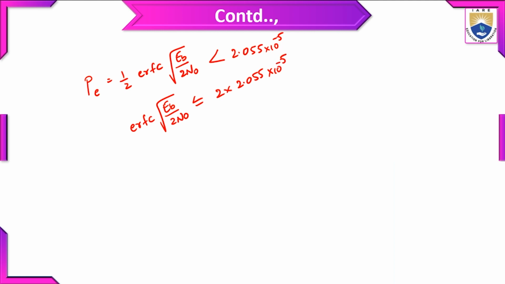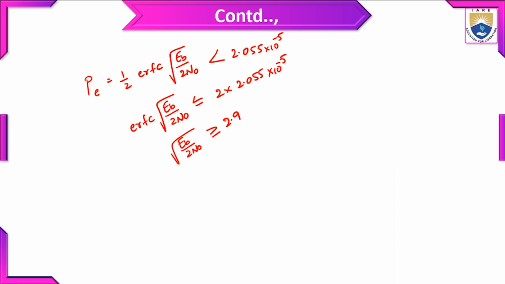On the left hand side we have 1 by 2, so I am sending this 1 by 2 to the right hand side. It becomes 2 into 2.055 into 10 power minus 5. Again we are sending this erfc to the other side. Finally, the square root of EB by 2 N0 is greater than or equal to 2.9.